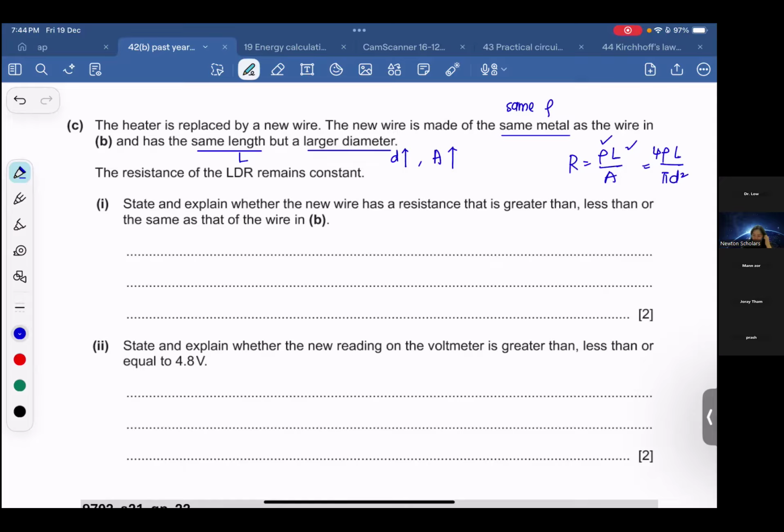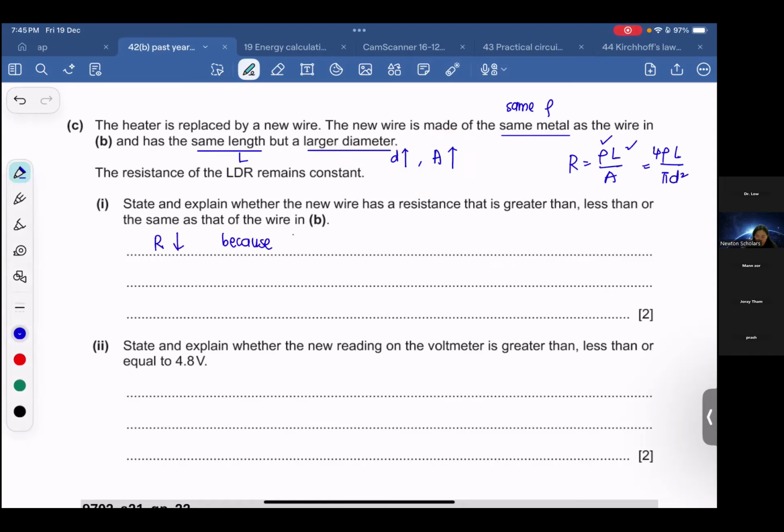So boys and girls, we try to mention that with a larger diameter, the area increases. So the area increases, that means your wire right now becomes a thicker wire. A thicker wire actually allows more current to flow, so your resistance will become less. So resistance decreases. Why?